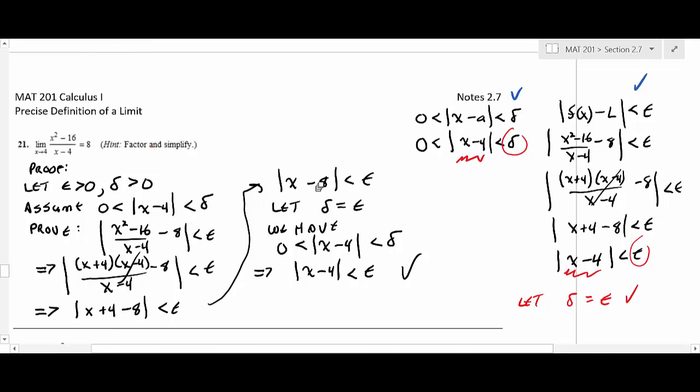This right here, plus 4 minus 8, should have been x minus 4. So I need to erase that and change that, okay, like that. So what you did is, you were trying to prove this. And then just by taking the assumption and letting delta be epsilon, you have the proof. So that would be the steps of how you'd write that proof.